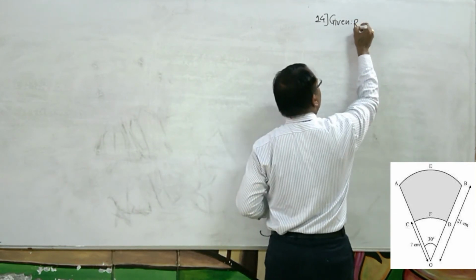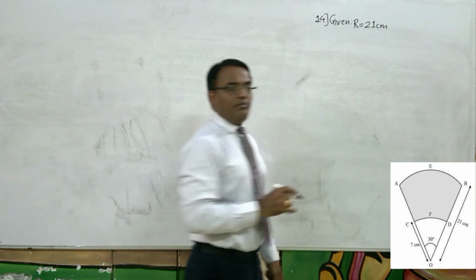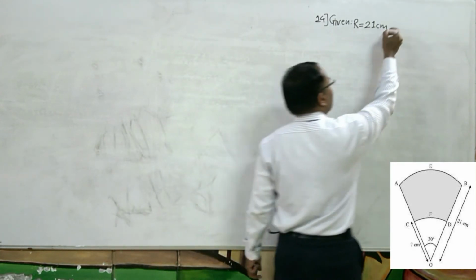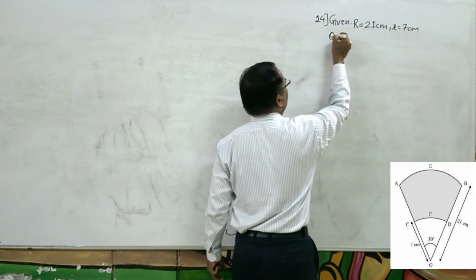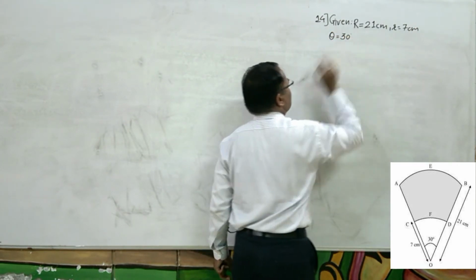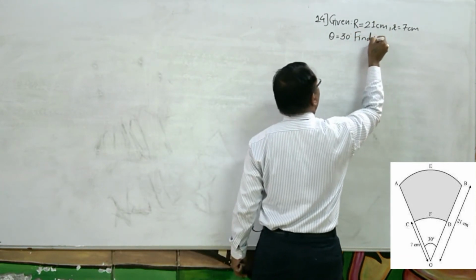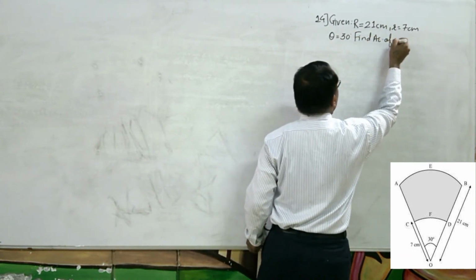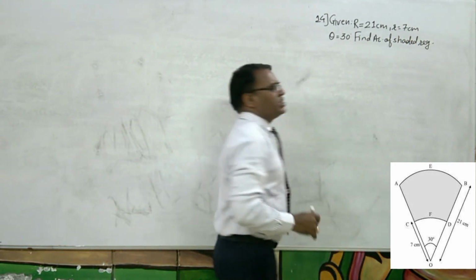Let's see, capital R, that is the bigger radius, we will denote it as 21 centimeter, and the small radius r is equal to 7 centimeter. As I told you, theta is common for both, that is 30 degree, and what we have to do is find the area of the shaded part. Okay, shaded region or shaded part.